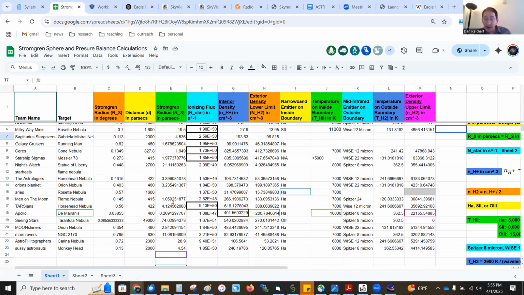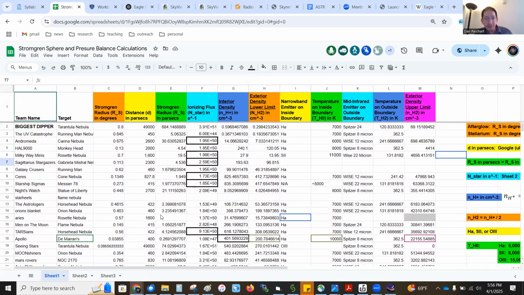It's near the Orion Nebula. It's just a little B star that's heating up that whole region. It's not very big. So it's a fraction of a parsec. But most will be a few parsecs. Here's Tarantula. It's a huge region. If you're doing the Tarantula Nebula, you may choose to do just a pocket. There are all sorts of star formation regions throughout the Tarantula Nebula. You can either do the whole thing or a pocket. Anyway.